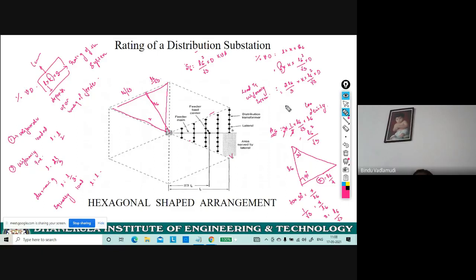Did you understand? That is equal to 2 by 3 root 3 into K into L6 cube into D. Is it the value? Please calculate this value. What is it in the fractional form, in the decimal form? Are you all having the calculator with you or not?